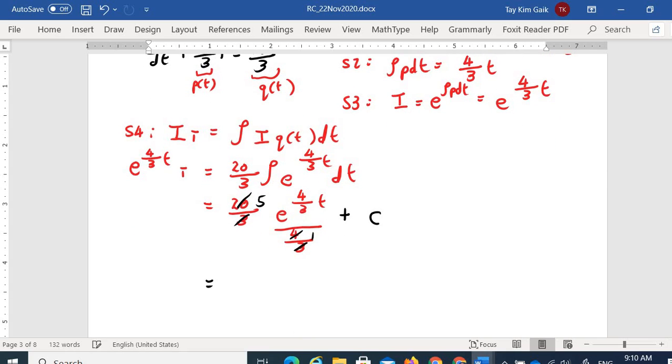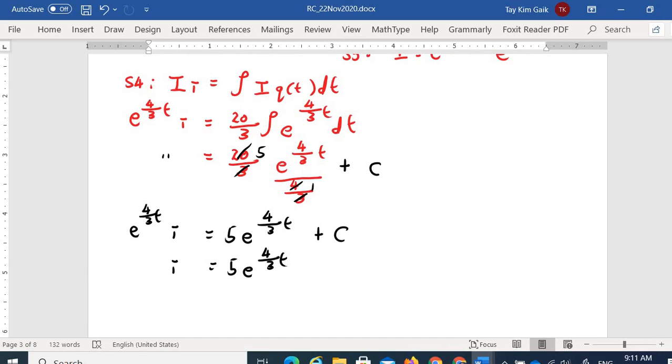That's why we have 5 exponent 4 over 3 t plus c. Remember this is actually exponent 4 over 3 t multiplied by i. So you want to solve for i, divide both sides by exponent 4 over 3 t. We have 5 exponent 4 over 3 t divided by exponent 4 over 3 t, and c divided by exponent 4 over 3 t.